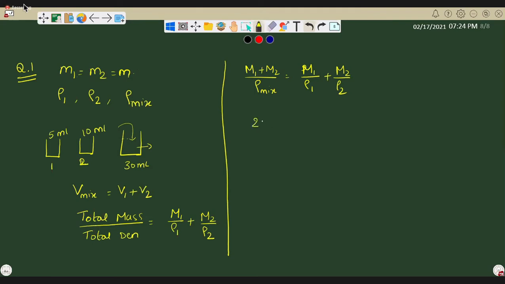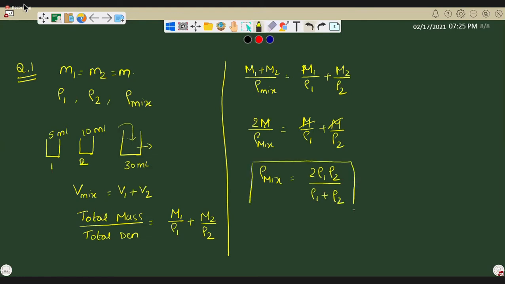So 2M divided by rho mixture is equal to M divided by rho 1 plus M divided by rho 2. Rho mixture will be equal to 2 times rho 1 rho 2 divided by rho 1 plus rho 2. Clear? Yes, sir.